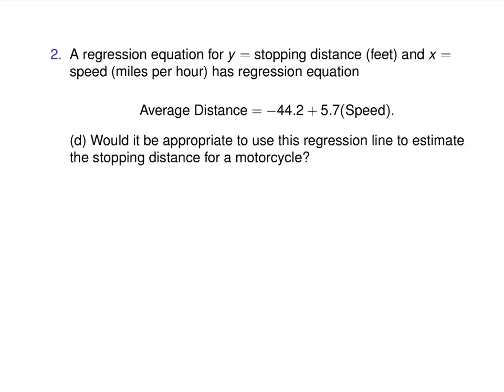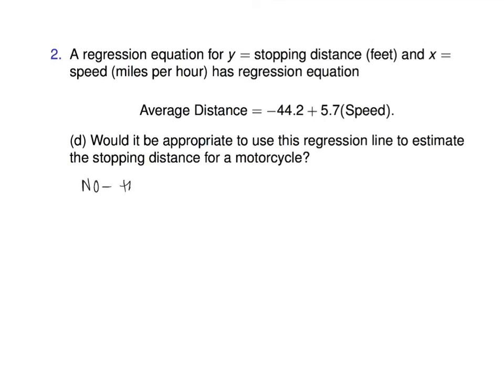Would it be appropriate to use this regression line to estimate the stopping distance for a motorcycle? And I think I specified that this was cars, but I think I probably didn't do a great job at that. So we are going to assume that this is for cars, and I'll be more careful on exams.